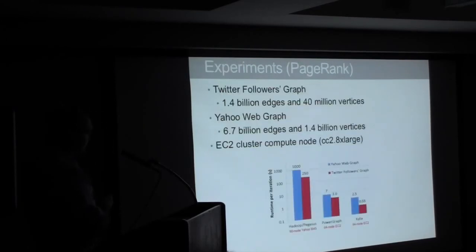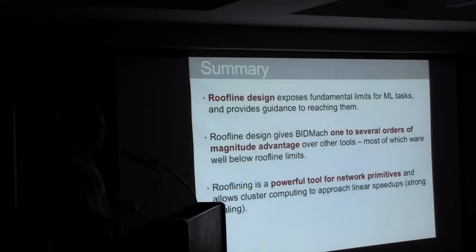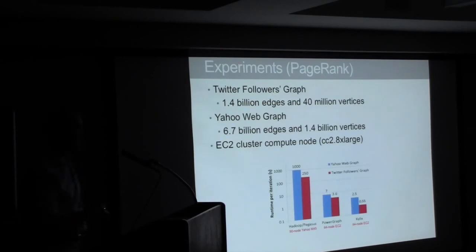Okay, so we did some experiments with PageRank on both the Twitter followers graph and the Yahoo Web graph that have this structure. We compared against PowerGraph, which is, as far as we know, the most high-performance system for this problem. PowerGraph was implemented pretty efficiently in C code, and generally does quite well for these kinds of problems.